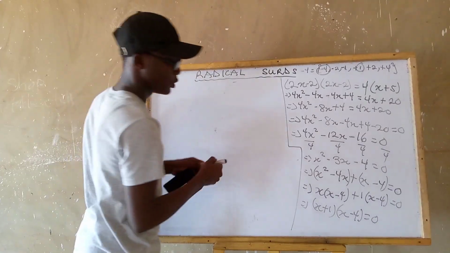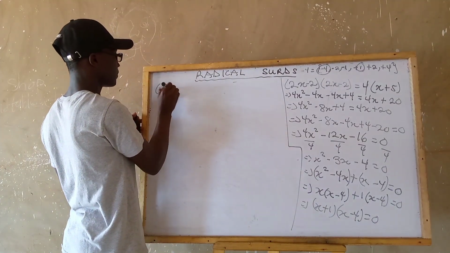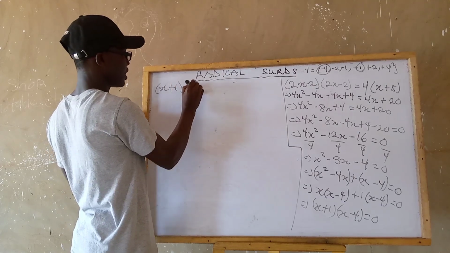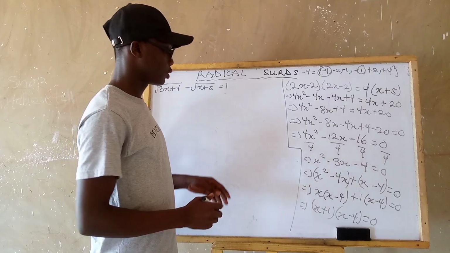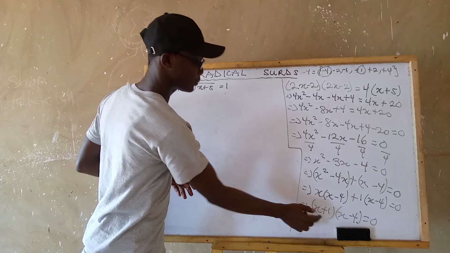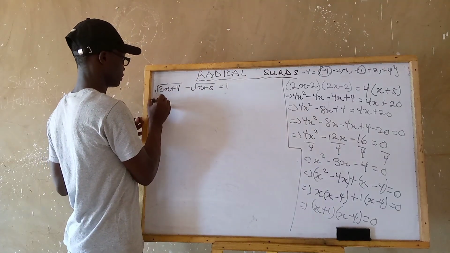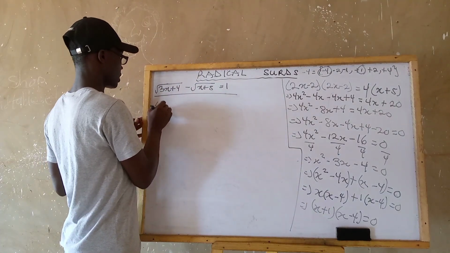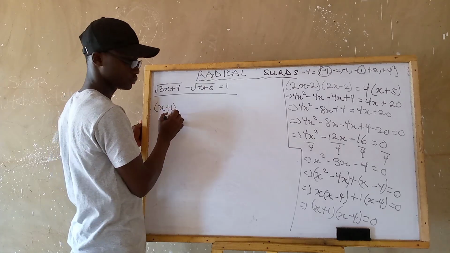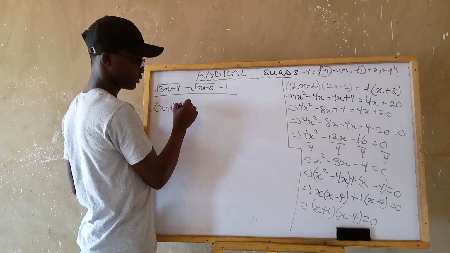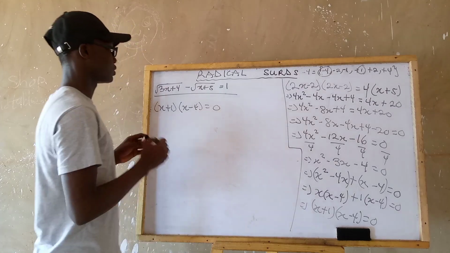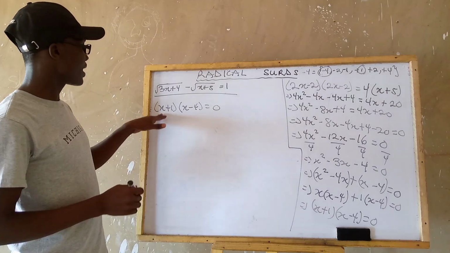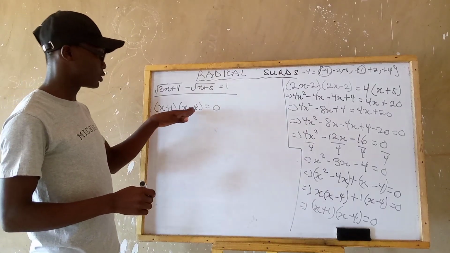So now we have x plus 1, x minus 4 is equal to 0.